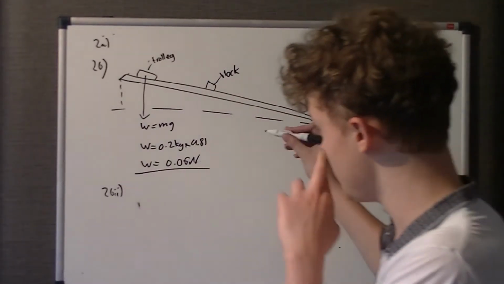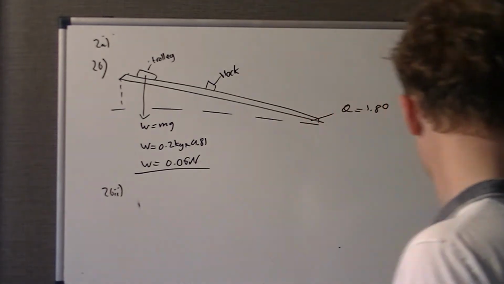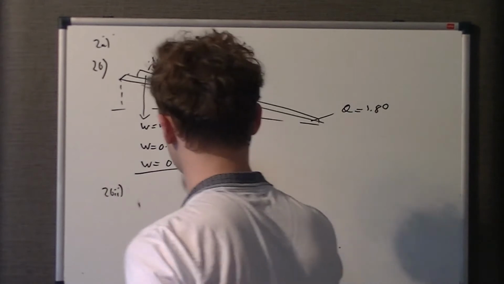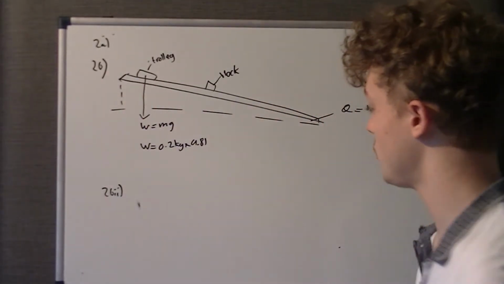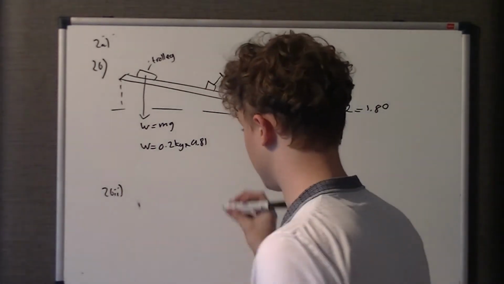Right, so for 2b part 1, we've worked out the weight. Now we need to work out the weight acting down the slope. So we know that W equals mg. Now mg sine theta is parallel to the slope.